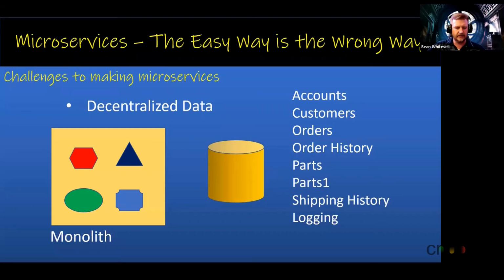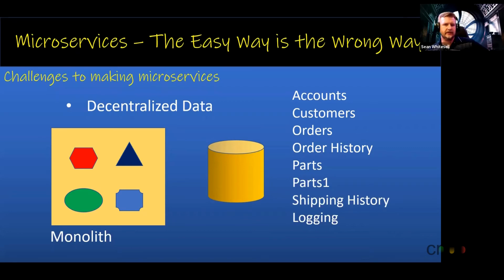And so what do we do? We build out another table, and even worse, we decided that parts one is a good name, because naming is hard. I hope I'm not the only one that's ever done that. So the idea here is that the schema changes, and it's the schema that is our problem.